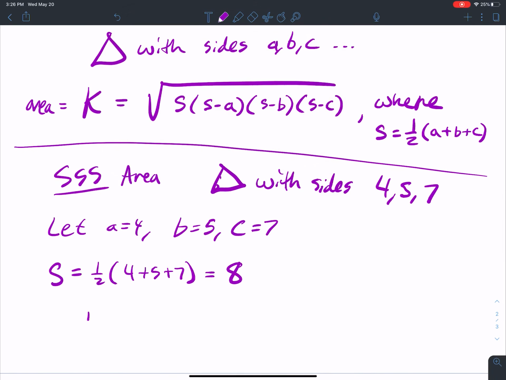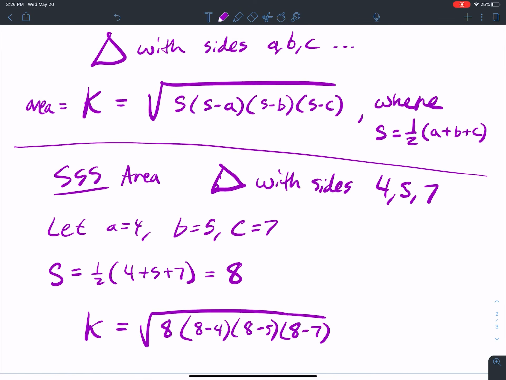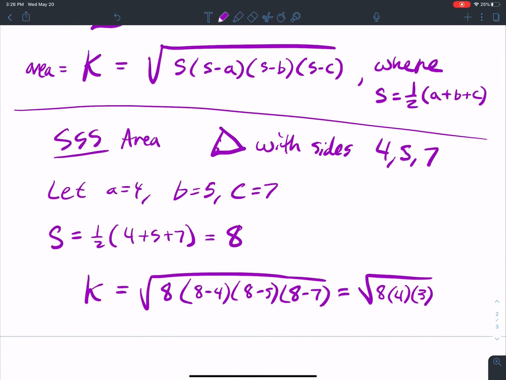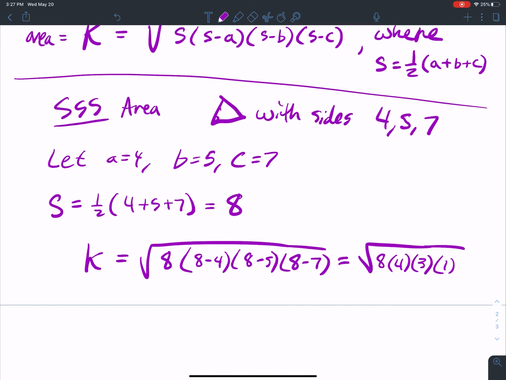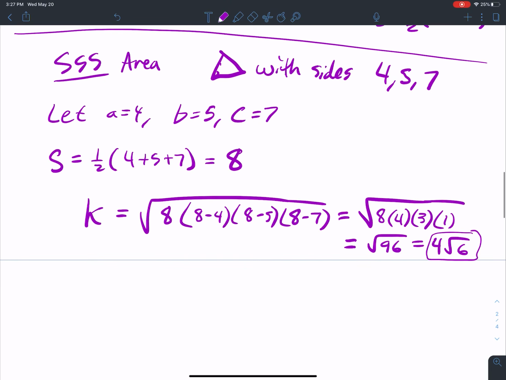So my formula, K, the area, is 8 times 8 minus 4 times 8 minus 5 times 8 minus 7. So this is equal to 8 times 4 times 3 times 1. 4 and 3 is 12 times 8, that's 96. So the square root of 96 is equal to 4 square root 6 simplified, and that's square units.